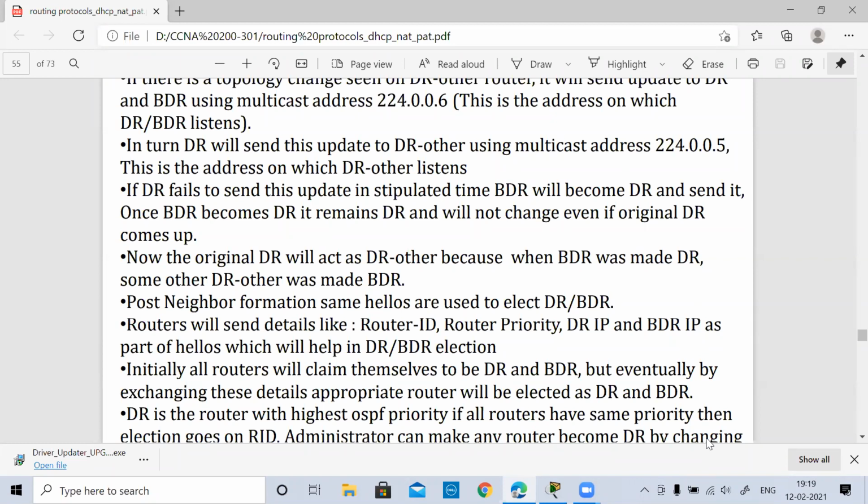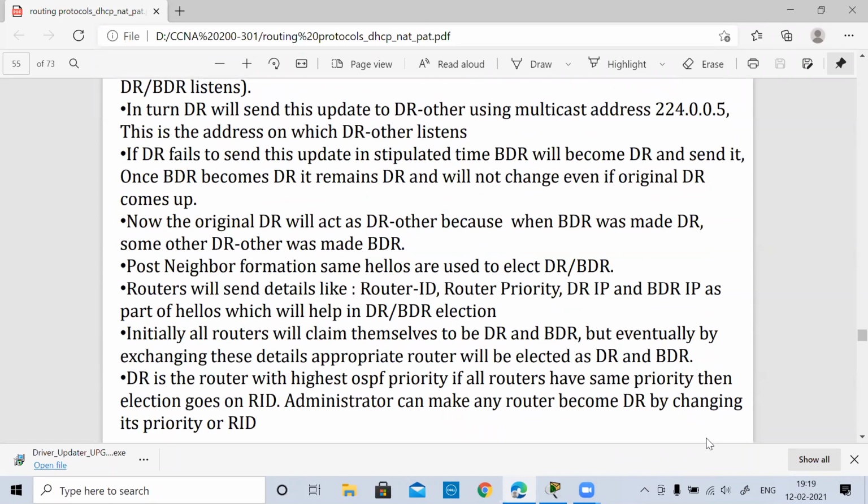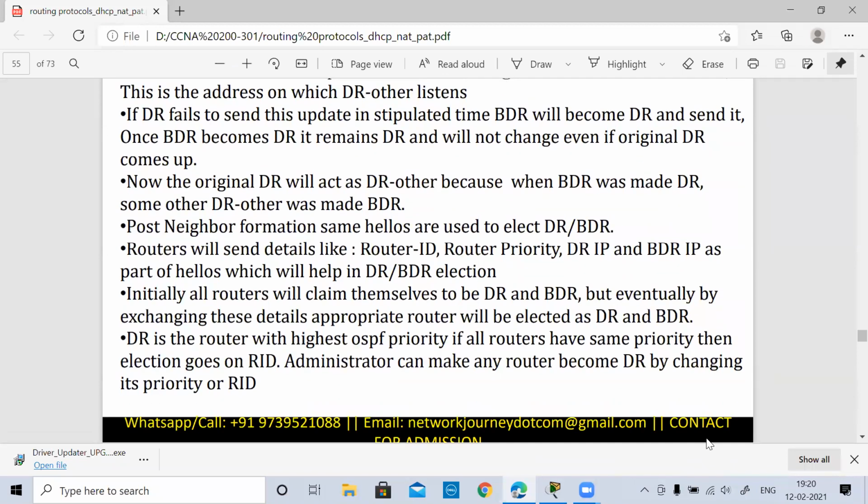The details I have already mentioned in the hello packet: router ID, router priority, DR IP, BDR IP. Initially everyone will claim that they are going to be DR and BDR. Everyone will claim, I am the DR, I am the DR. But eventually after exchanging these hello packets, they are going to elect their DR and BDR based on the priority and RID, the router ID.